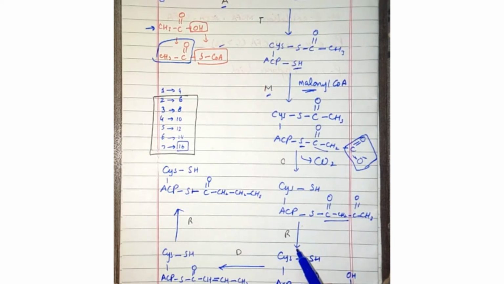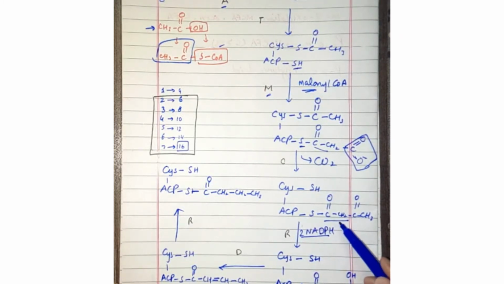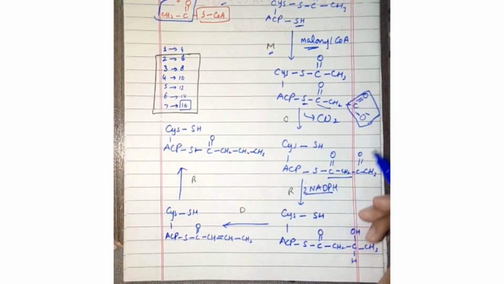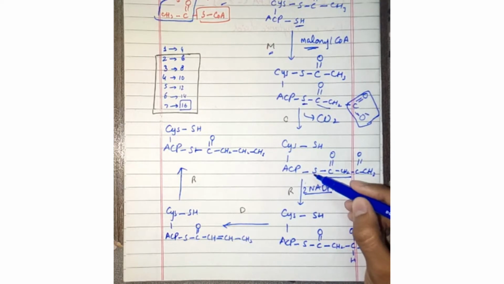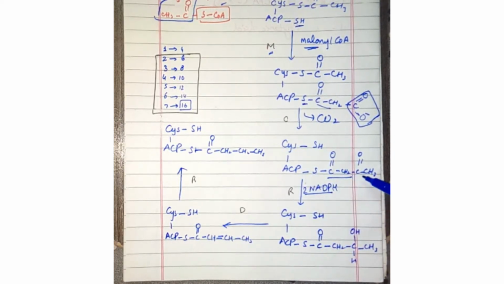The next step is reduction. Reduction is simply the addition of hydrogen. The reducing agent, which we have seen in the first part of the video, is NADPH. 2 NADPH molecules will be utilized here, and 1 hydrogen will be added to carbon number 3, as this is carbon 1, carbon 2 and carbon 3.